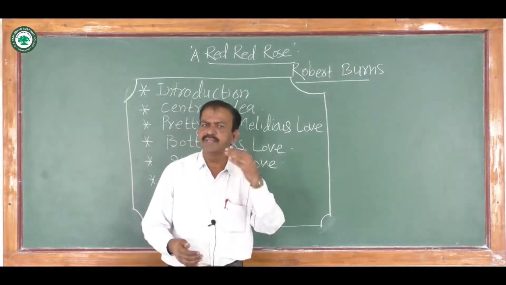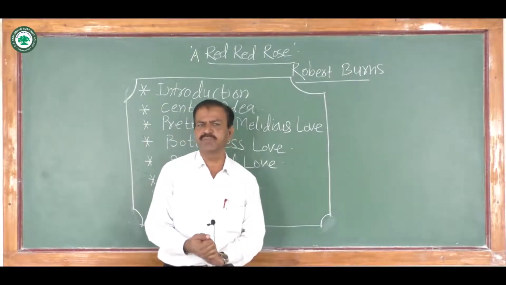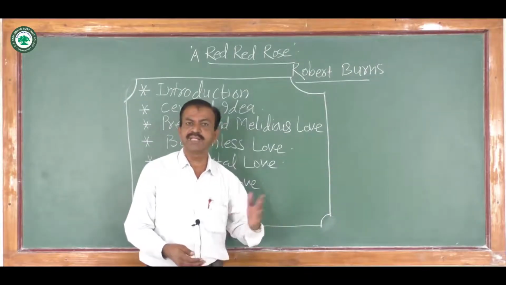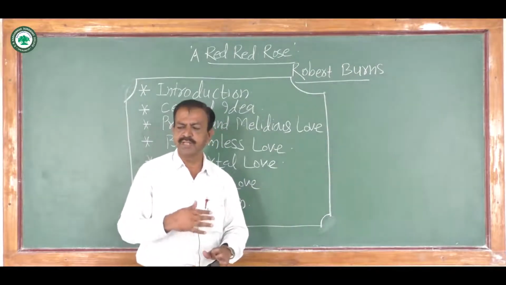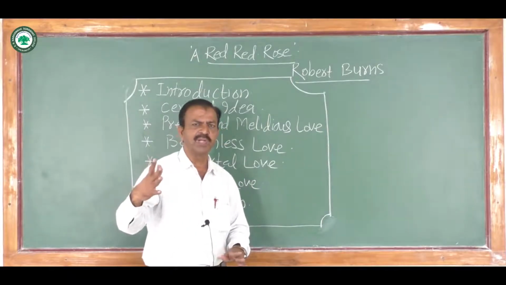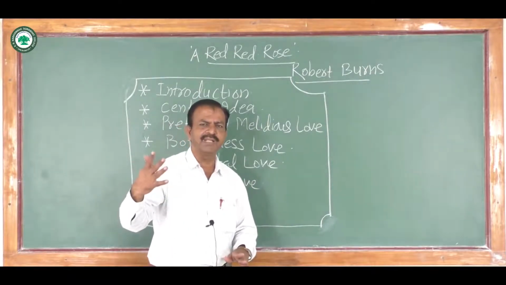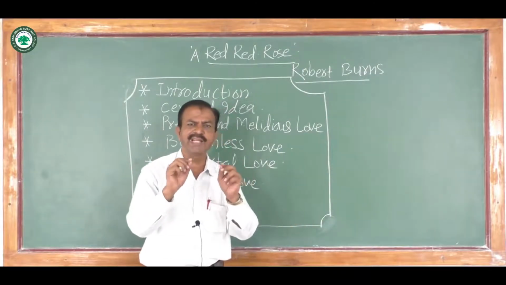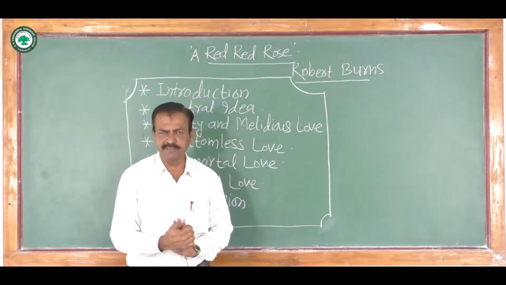As far as the literary devices used in the poem, we have seen that simile is used. That is, "My love is like a red, red rose that's newly sprung in June. My love is like a melody that's sweetly played in tune." So here, "like" indicates the simile.